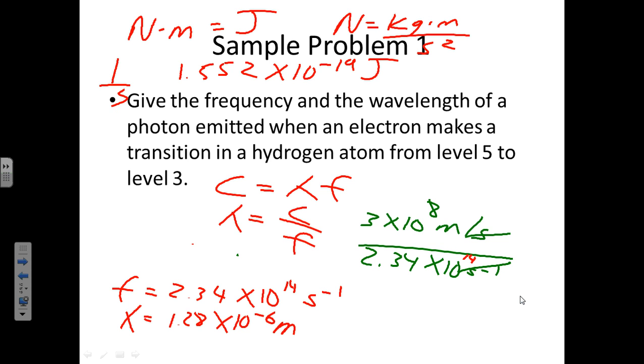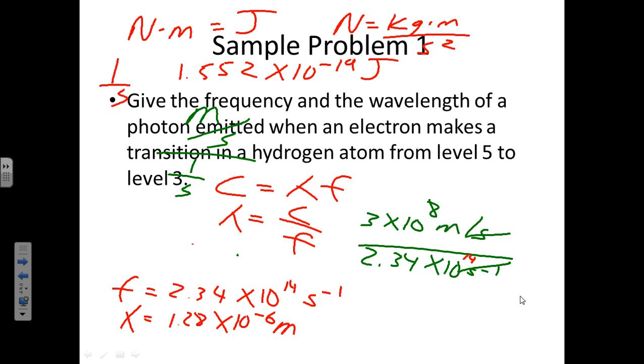Make sense? Yeah, because you would have meters per second over 1 times seconds. So you have to invert and multiply, and the seconds cancel out. Everybody okay with that?